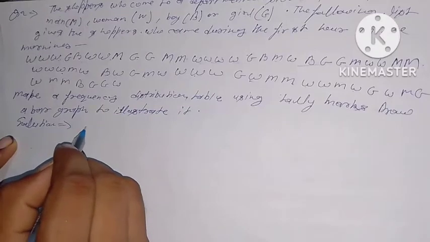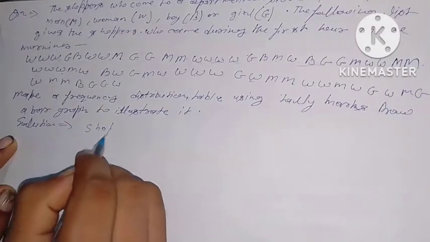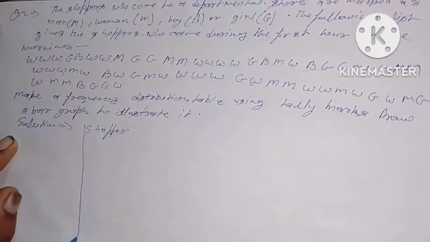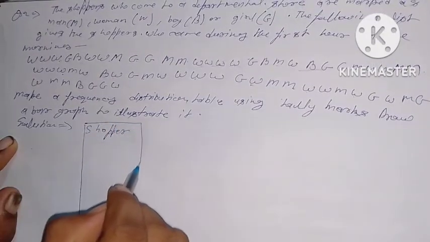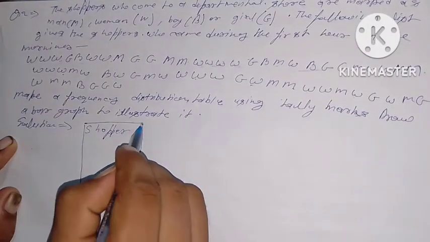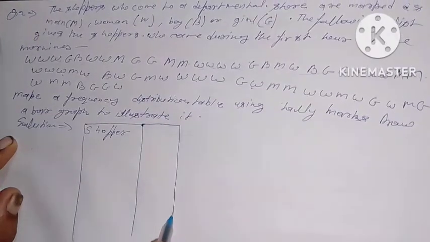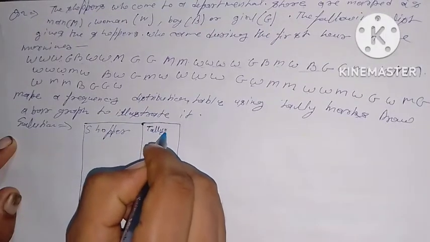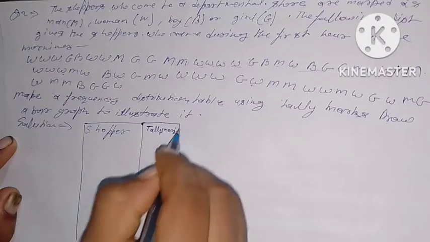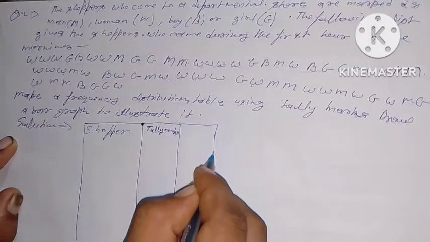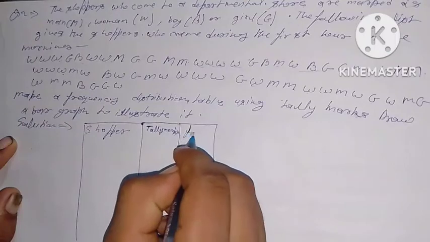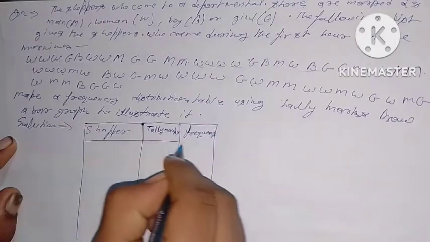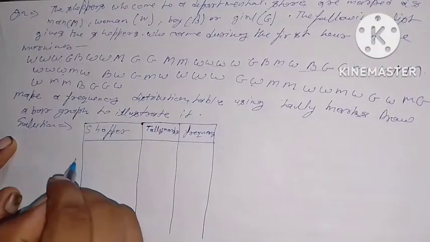The columns are shoppers, tally marks, and the third is frequency.